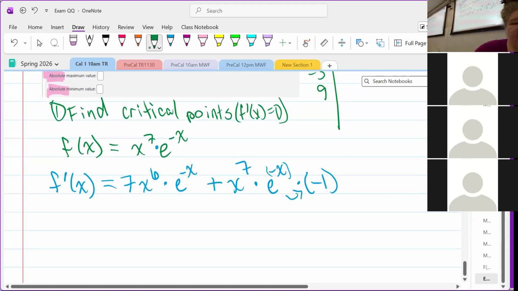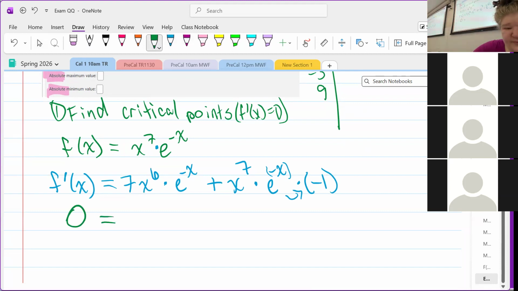Now we're finding our critical values, so I'm going to set this equal to 0. And I'm going to look for some common things I can factor out. So they both have an x to the sixth, and they both have an e to the negative x. That leaves me with a 7.